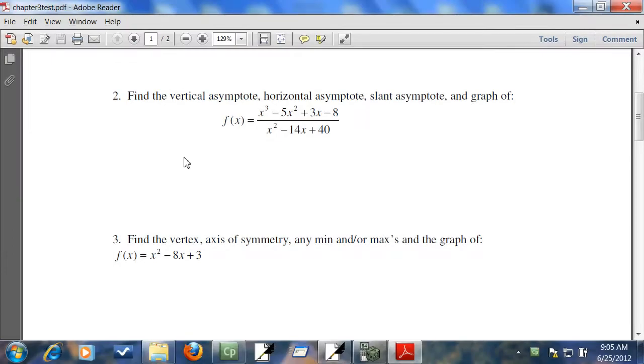Let's take a look at problem number 2. Find the vertical, horizontal, and slant asymptotes, and then the graph.